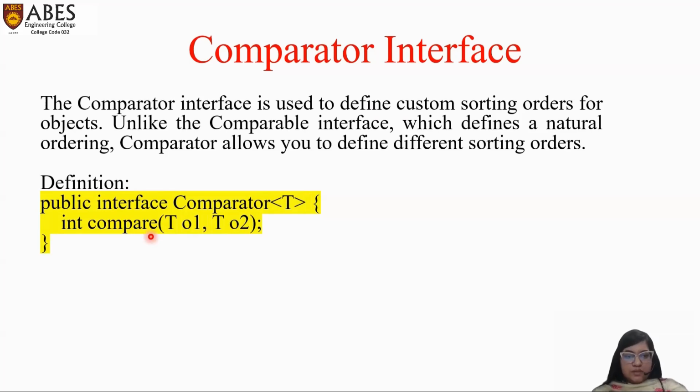It provides the compare method to compare object 1 and object 2, and it also provides an equals method to check the equality of objects present in any class or interface. Now let's move forward and discuss a code example of the comparator interface in the IDE.